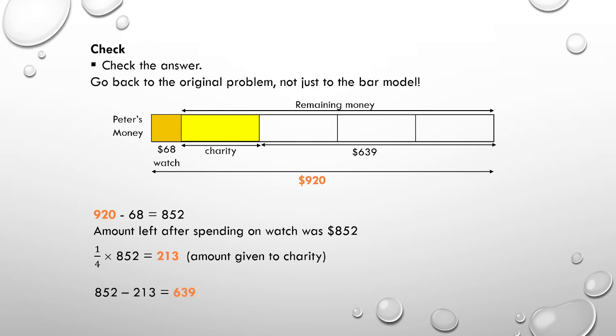So 852 minus 213, that should give us 639, which is yun din yung binigay sa atin ng problem na remaining money niya after buying a watch and donating to the charity. Therefore, tama nga, indeed, correct yung ating sagot.